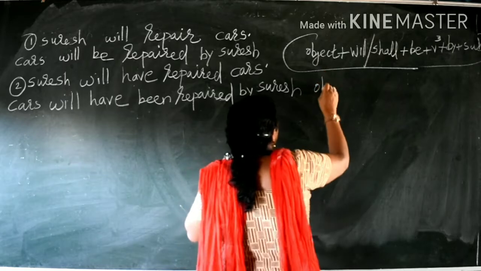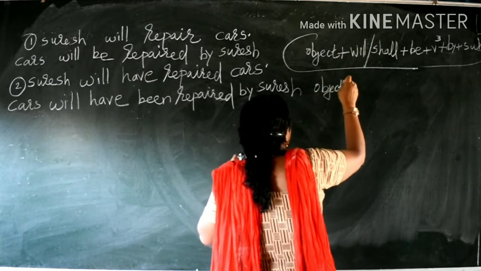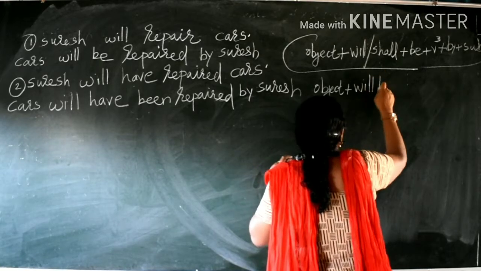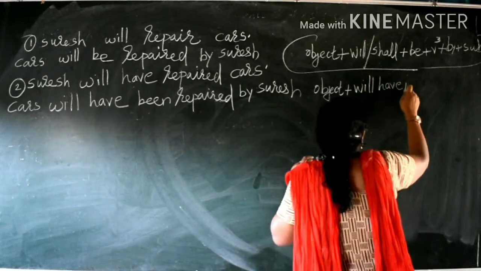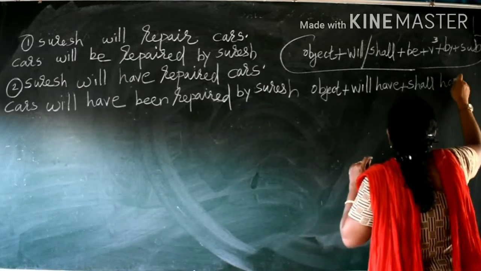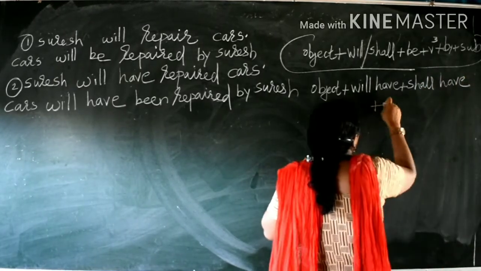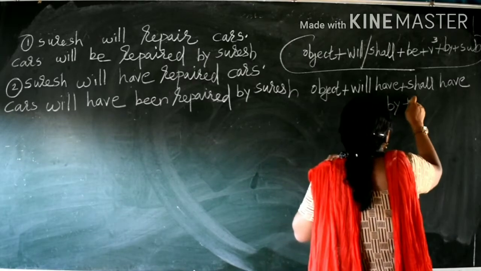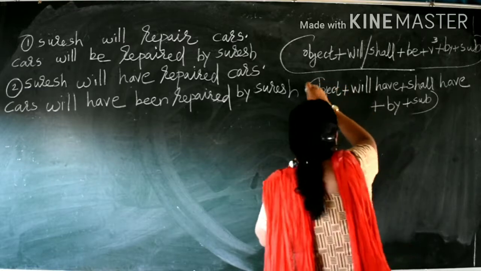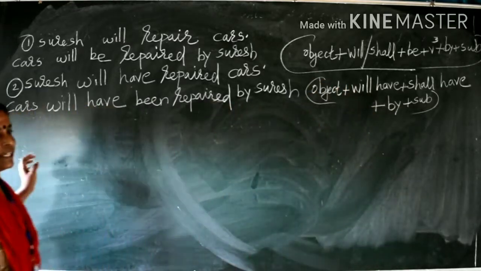Formula: object plus will have or shall have plus been plus verb 3 form plus by plus subject. This is the formula for future perfect tense.